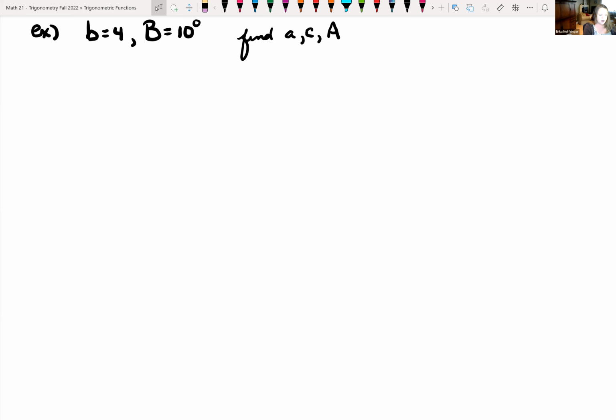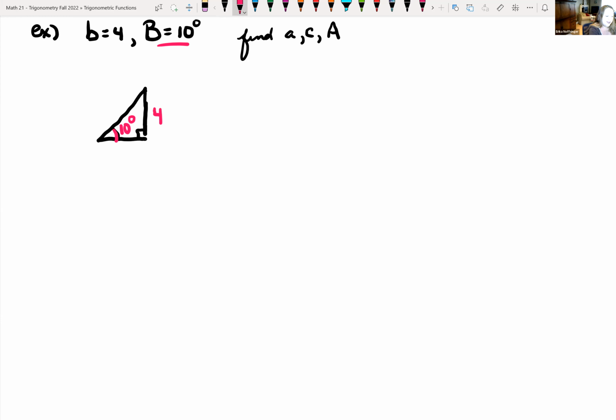Let's create a right triangle. We're given that angle B is 10 degrees, so opposite of that 10 degrees is a side of length 4.